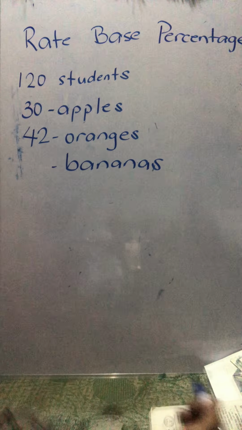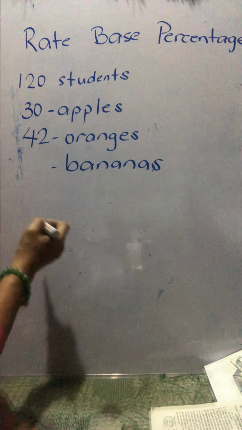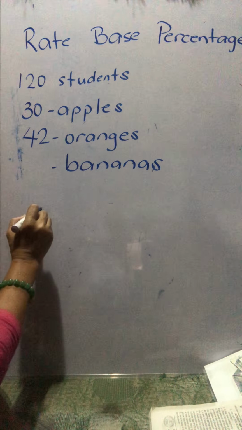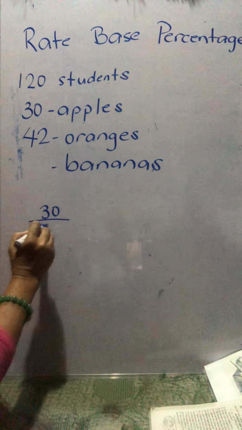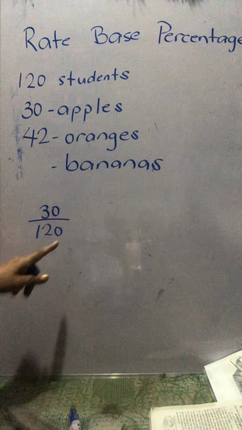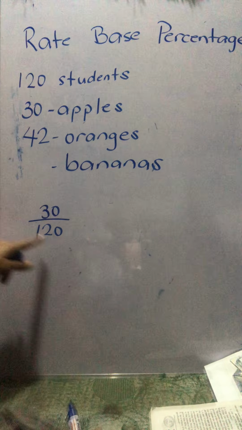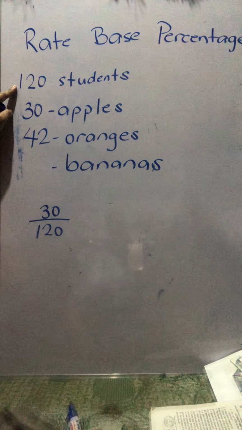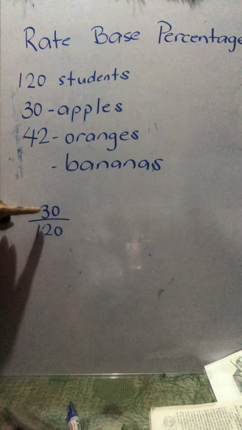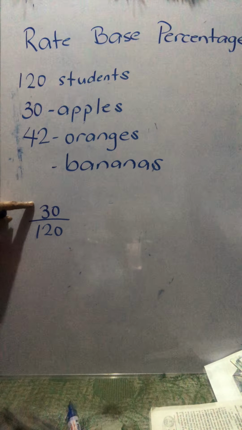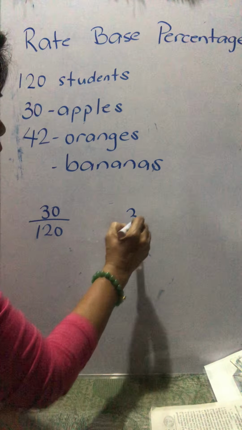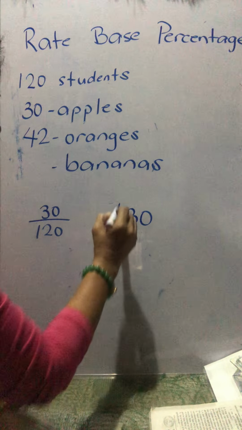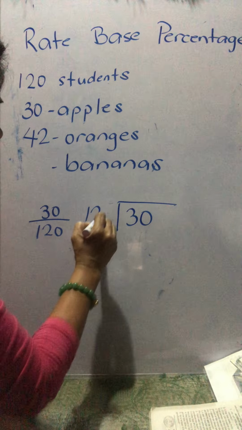Okay, ito yan. So, tingnan natin ha. Ang gagawin ninyo dito, meron kayong 30 over 120. Kasi ito yung 120 students ninyo, lahat. So, 30, ang gusto nila, they want apples. Okay? So, 30 divide by 120.